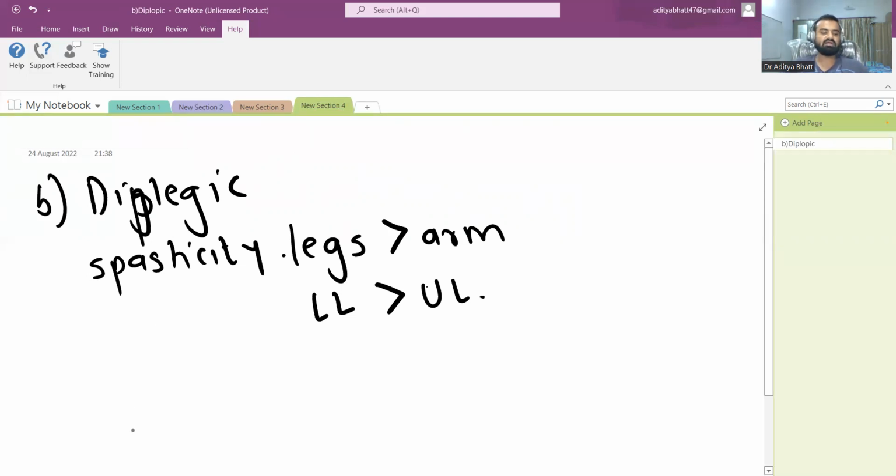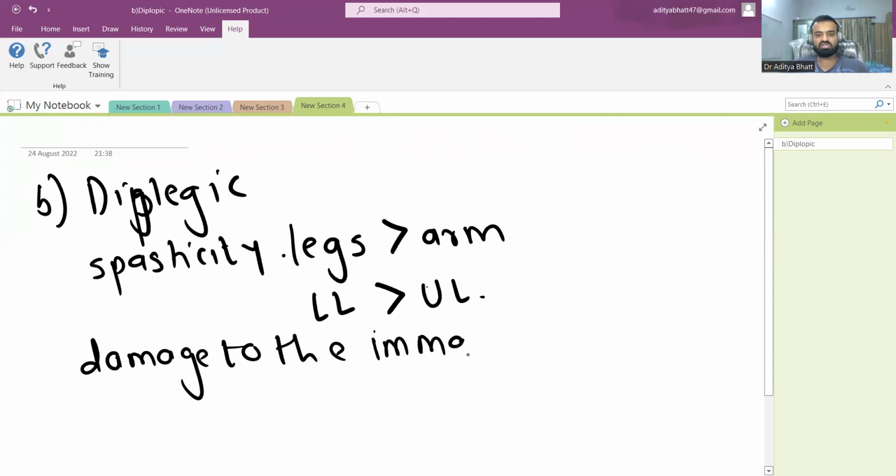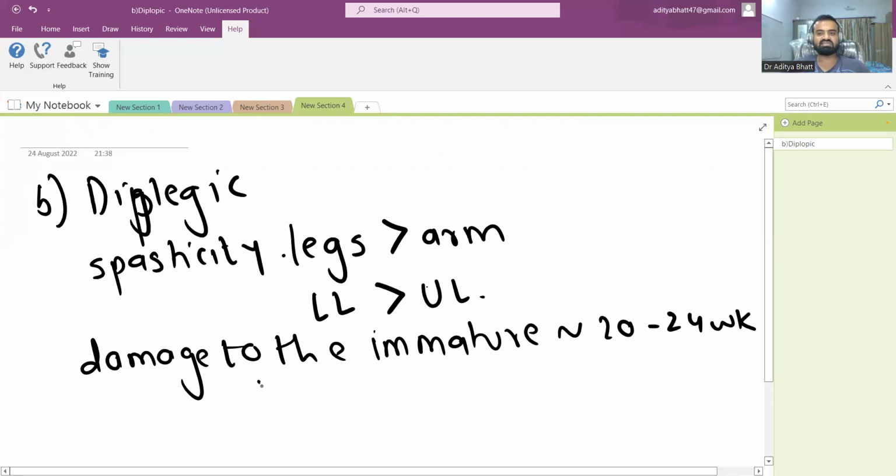Now why does it happen? This happens due to damage to the immature brain. As you might have judged, the most common weeks are 20 to 24 weeks. So it is associated with preterm delivery and intraventricular hemorrhage. So this is what you see.